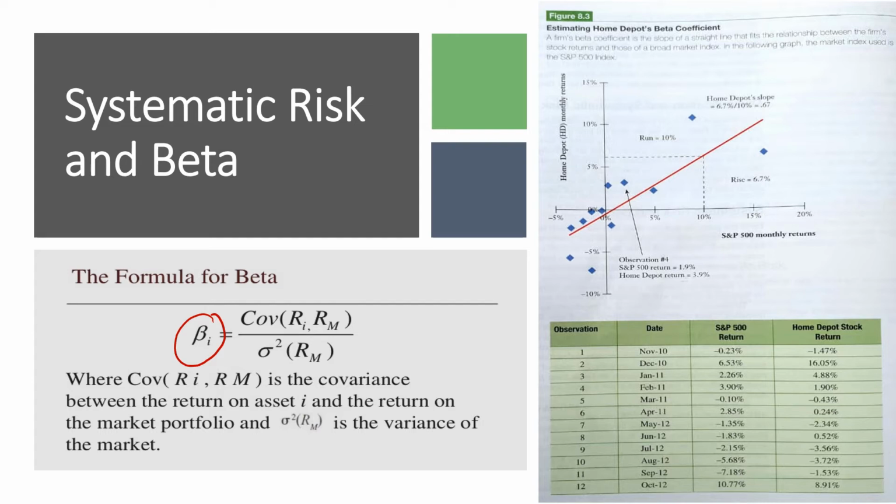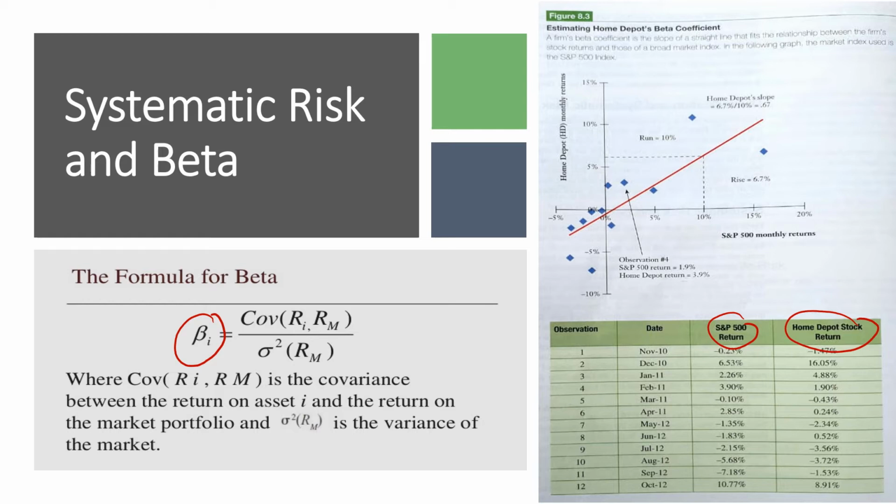It is actually estimated as the slope of a straight line, such as shown in this figure, which measures the relation between the return of the investment in Home Depot stock and the returns of the market index, which in this case is the S&P 500, for the period November 2010 through October 2012. If you may recall what you have learned in your statistics subject, beta is used to signify the estimated slope coefficient.